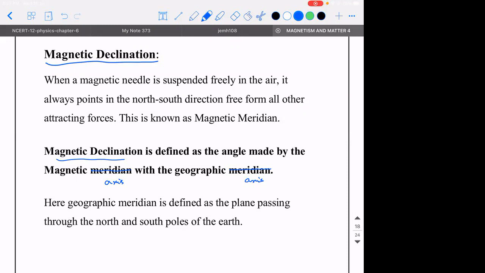Or in your school, if your teacher insists to write meridian, then go with it. Both are right. So magnetic declination is the angle made by the magnetic axis with the geographic axis. So that is the first point.